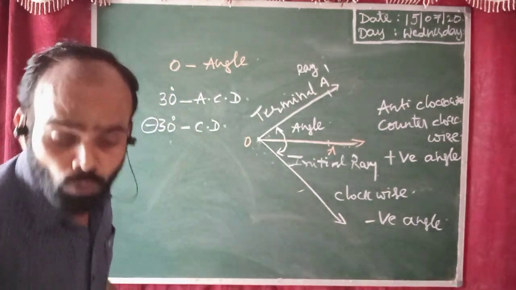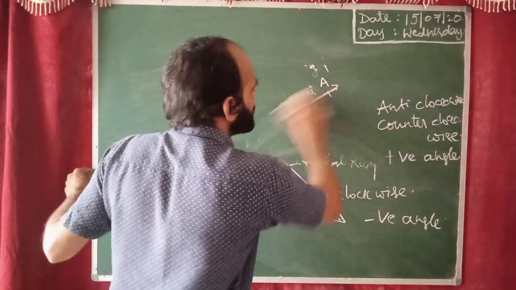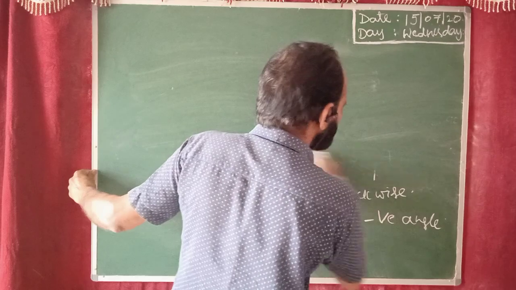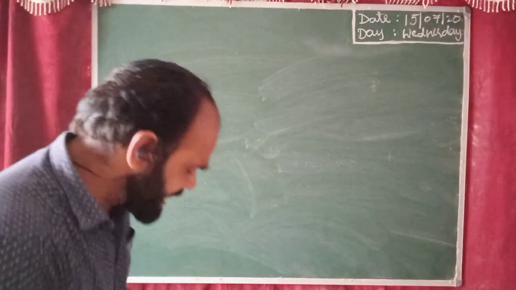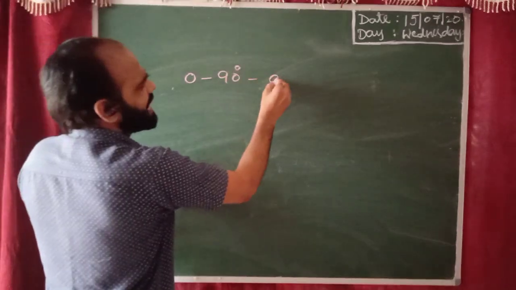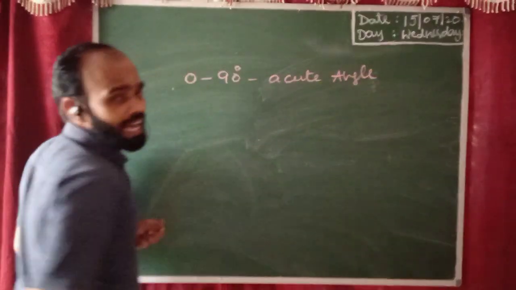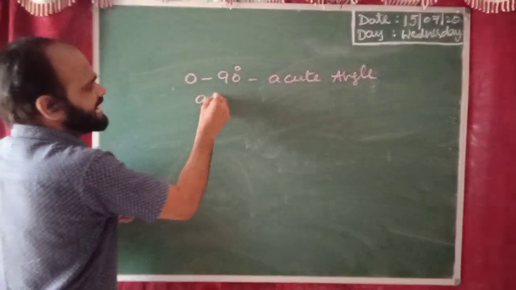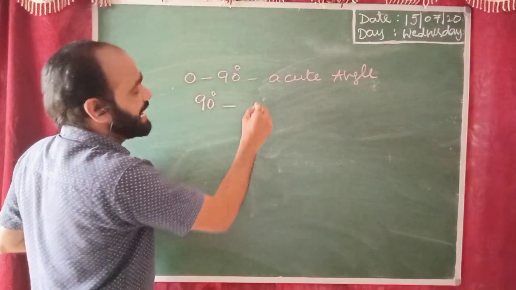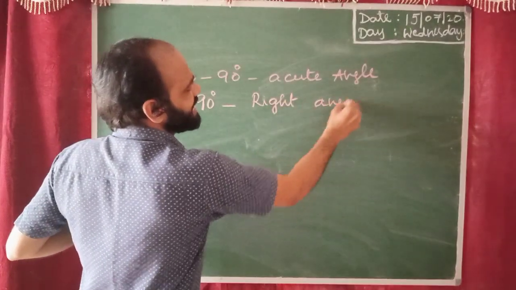So when it comes to different measures or values of angles, we know that if the angle is between 0 degree and 90 degree, we call it an acute angle. If it is exactly 90 degree, we call it a right angle.